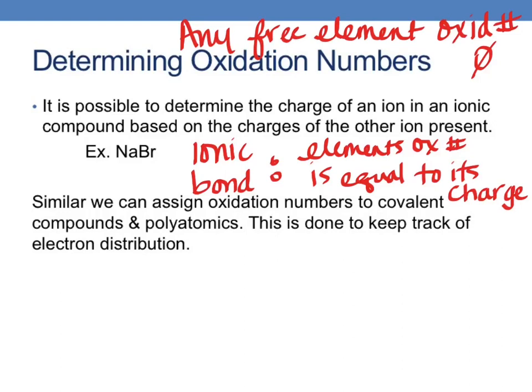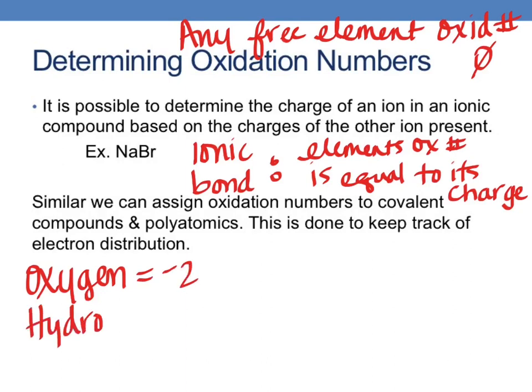Oxygen has a -2 charge in an ionic compound. That means its oxidation number is -2. Some exceptions here, just FYI: oxygen is always a -2. Hydrogen is always a +1, unless it's a free element. If it's a free element, then it's 0.